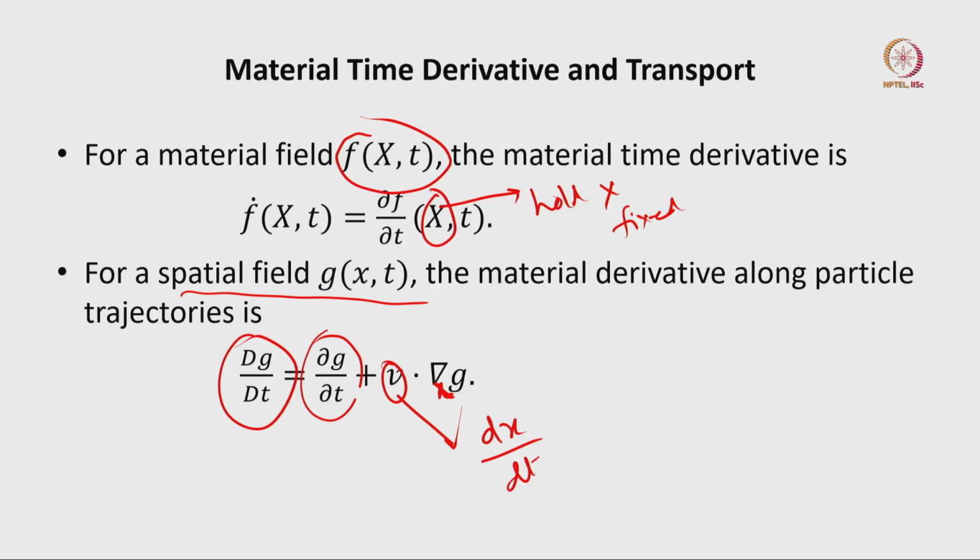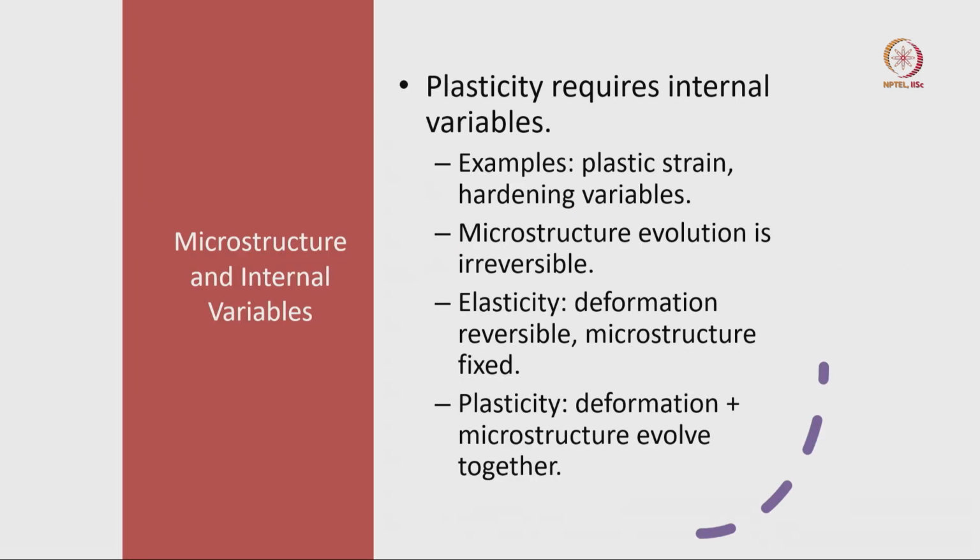So what you basically get is the formula for the material time derivative of a spatial field g(x,t), correct. This is also called the transport formula, because using velocity you basically track the motion of a point. That is why it has this name.